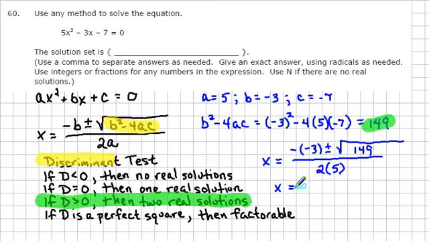So x is equal to the opposite of -3, which is 3, plus or minus the square root of 149, all divided by 2 times 5, which is 10.